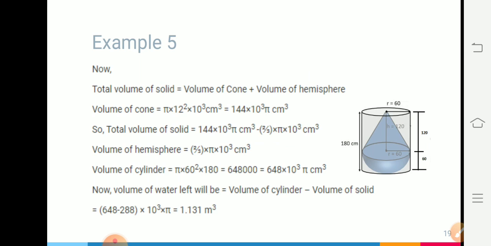Then the volume of the hemisphere and the volume of the cylinder you can calculate. Add the two. So the volume of the cylinder is 648 into 10 cube. You subtract it from the volume of the solid, and you get 1.131 meter cube.